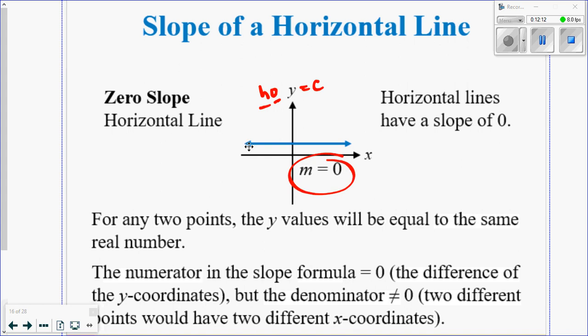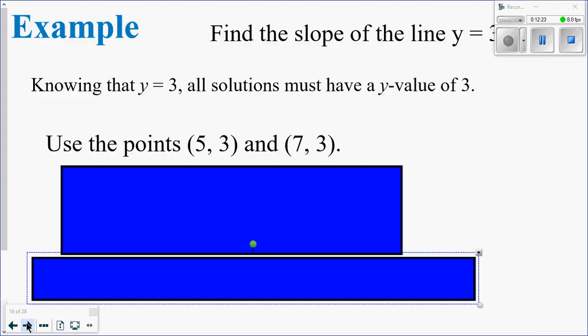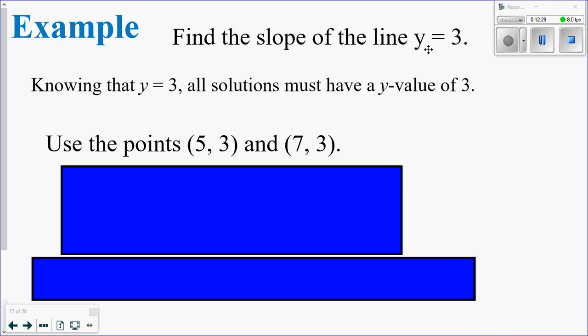So no matter what, the y value will always be the same because it all goes through whatever that y value is. All right, so knowing that, find the slope of y equals 3. Well, we know that if it's y equals, then we find the y-axis.